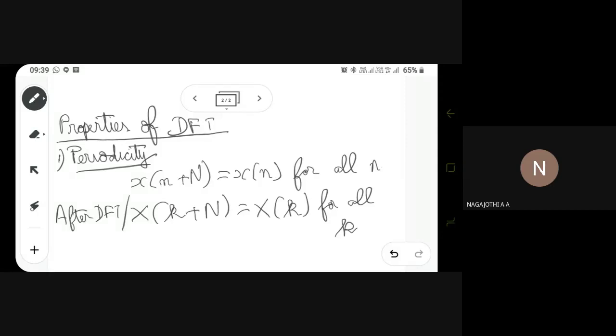Okay, getting into the topic again. This is the initial stage. As per the definition of DFT, x of k plus N, where N is the periodicity, will be equal to the summation over n equal to 0 to N minus 1 of x of n.